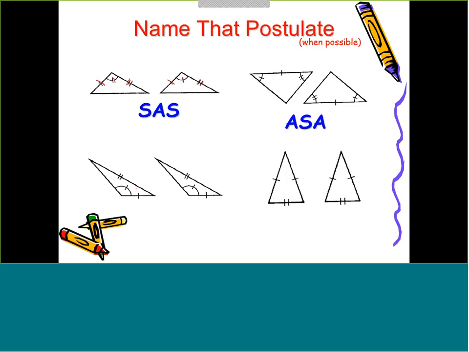Now, an easy way to remember that you cannot use side, side, angle is if you reverse the letters. Take a look at what happens when you reverse the letters. You obviously spell something inappropriate, so that's kind of a hint or an indicator that you can't ever use side, side, angle when you're working with triangles to try to prove them congruent. So that one's not possible. And then the last one, side, side, side.